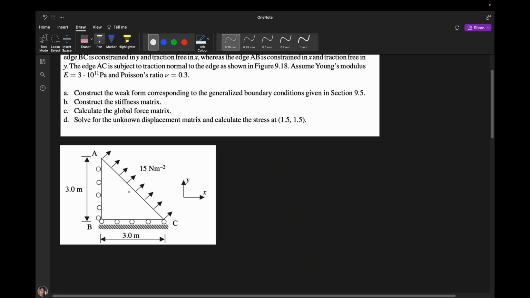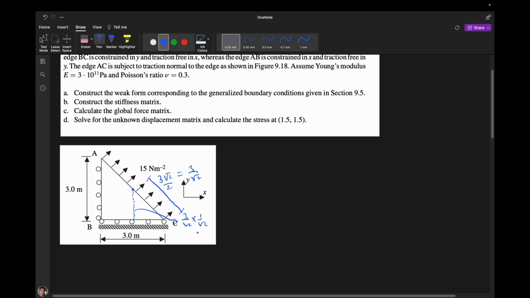Suppose we talk about the midpoint. Here is the midpoint, and this length is 3 root 2, so what will be this length? This length will be 3 root 2 divided by 2, which is nothing but 3 divided by root 2. And since the angle is 45 degrees, this length will be 3 by root 2 into cos 45.